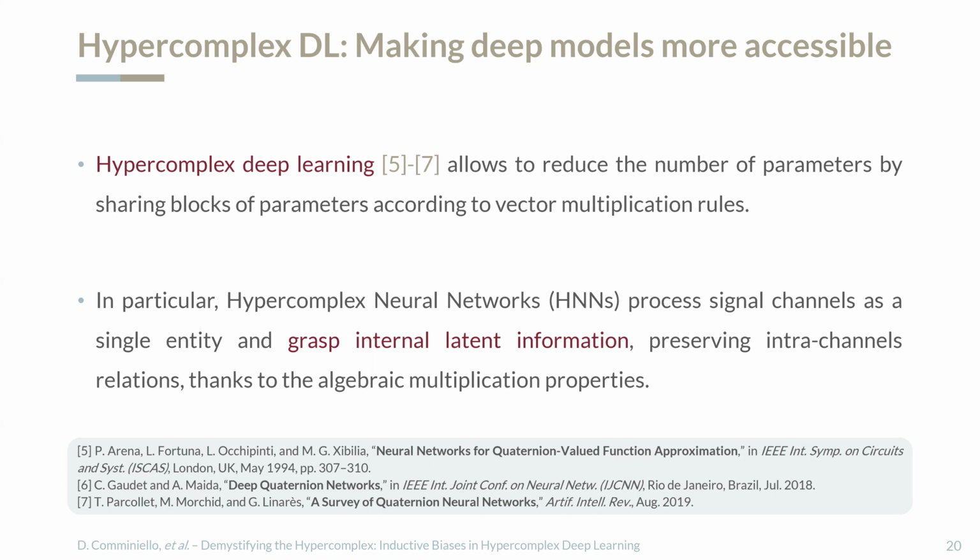So in particular, neural networks defined in the hypercomplex domain, hypercomplex neural networks, may process signal channels as a single entity. And given the properties of hypercomplex algebra, we are able to grasp some kind of internal latent information, something that is unknown from an a priori perspective.